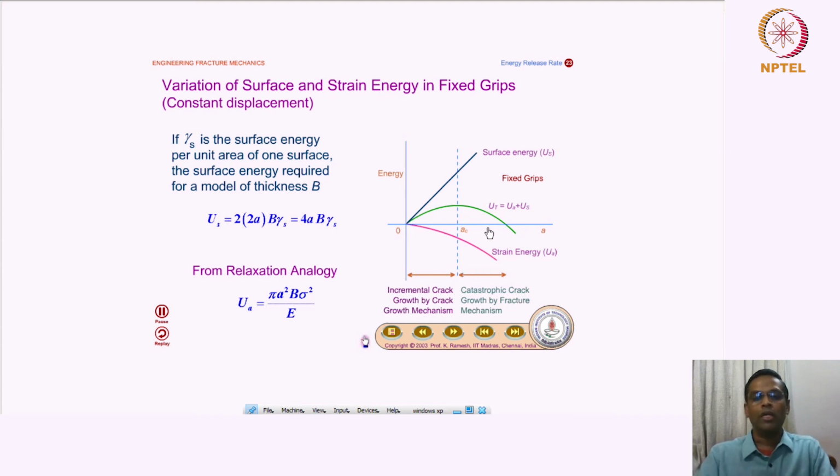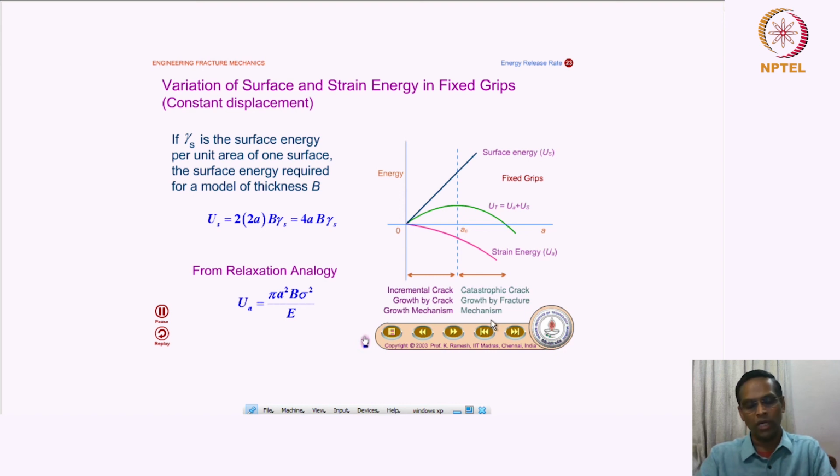Why is it important? Because it indicates a new parameter called critical crack length, a_C: incremental crack growth by a crack growth mechanism before it, and catastrophic crack growth by fracture after it.